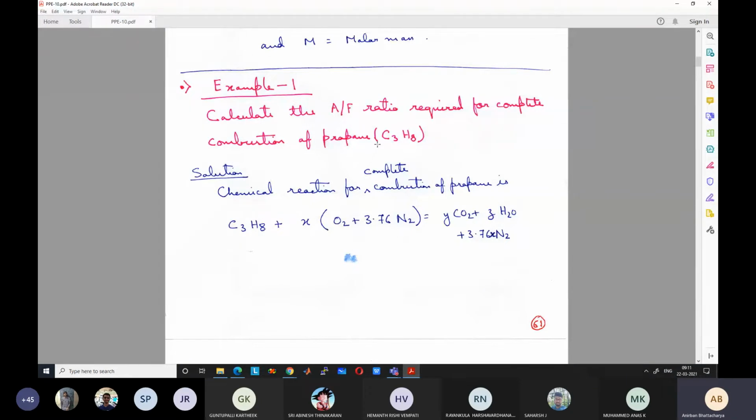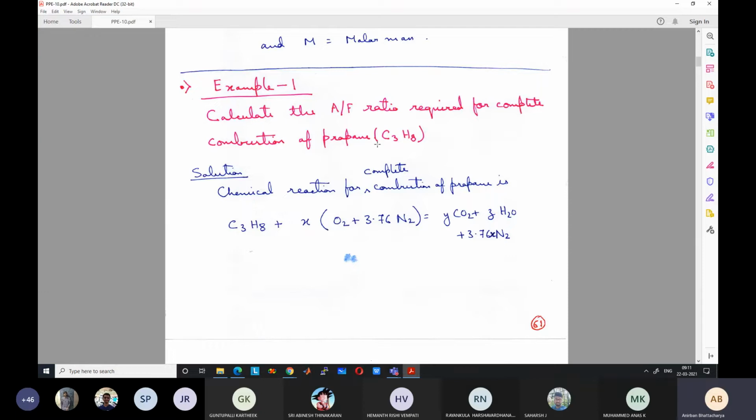But if excess air is present, then after the combustion some excess oxygen will still remain. If the stoichiometric amount of air is present, then after combustion there won't be any oxygen remaining. Whatever is the exact amount of oxygen required, that is being supplied.